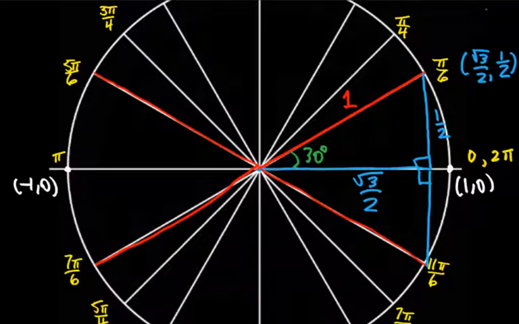What about the y coordinate? It looks the same. Well, it also is the same, because this angle is the same. This thing itself is 30 degrees. And across from it, you're going to have a reference length. Here you're going to have square root of 3 over 2. So that means the reference length has to be the exact same thing, because this is still the side across from 60 degrees.